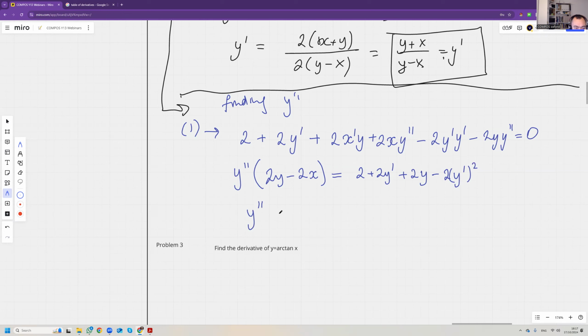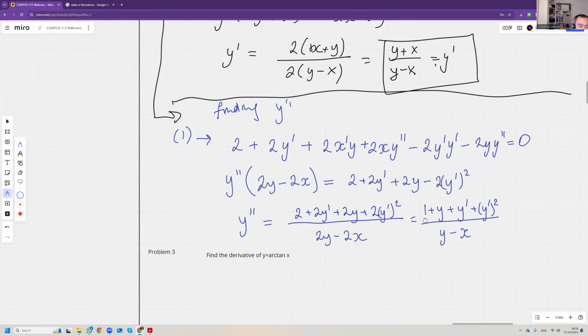So y double prime is this, 2 plus 2y prime plus 2y plus 2y prime squared divided by 2y minus 2x. Of course, this can be simplified as 1 plus y prime plus y prime squared divided by y minus x.